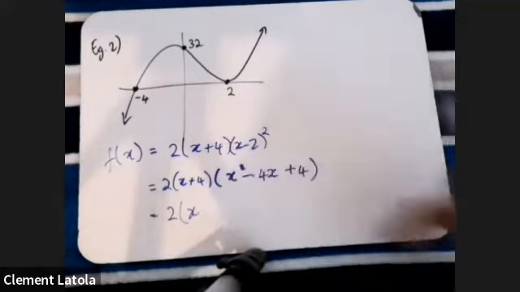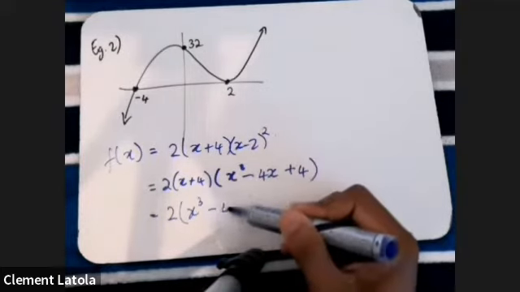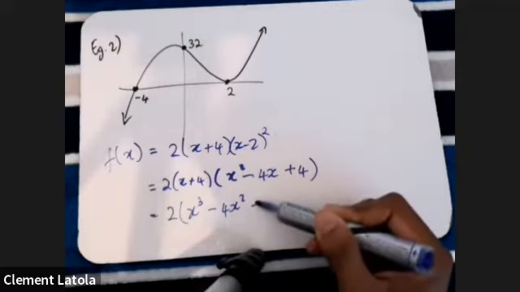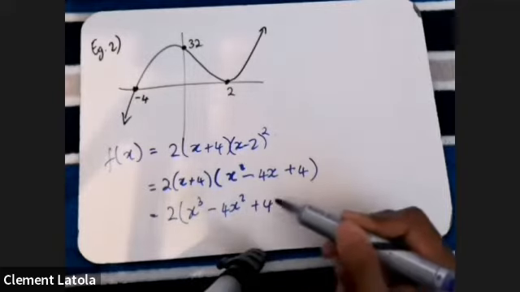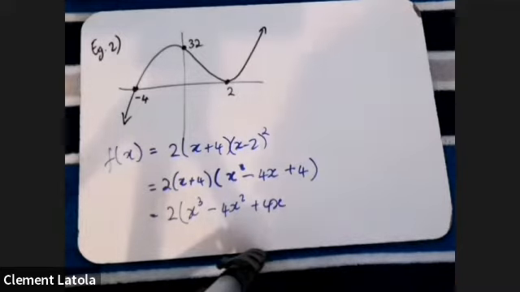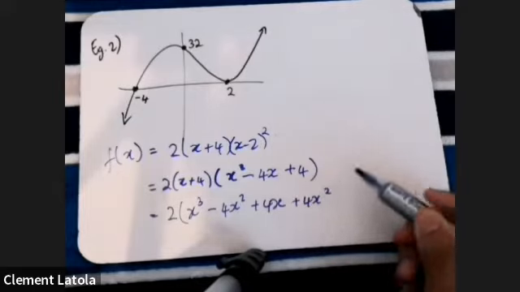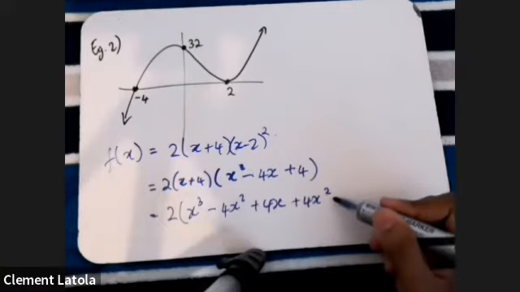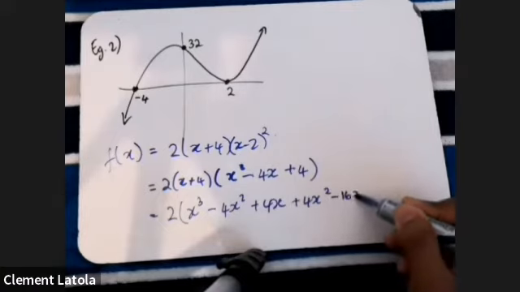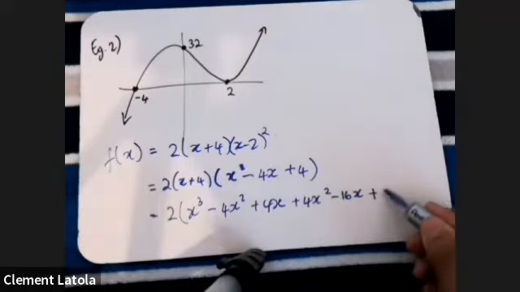So if I multiply everything with the x, we get x cubed minus 4x squared plus 4x. Each of these terms gets an extra x. Then I multiply them all by a 4, so that becomes 4x squared. This becomes negative 16x. And the last one is 4 times 4, which is positive 16.